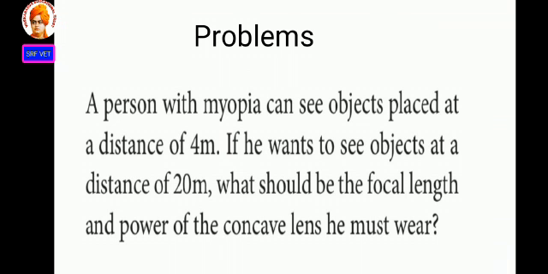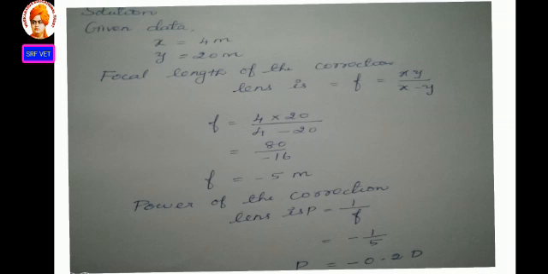A person with myopia can see objects placed at a distance of 4 meter. If he wants to see objects at a distance of 20 meter, what should be the focal length and power of the concave lens he must wear? Okay, the solution. Given data: the myopic eye can see objects at 4 meter, but he wants to see 20 meter objects.